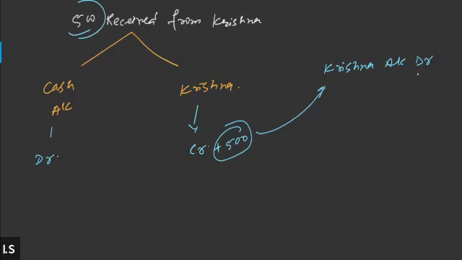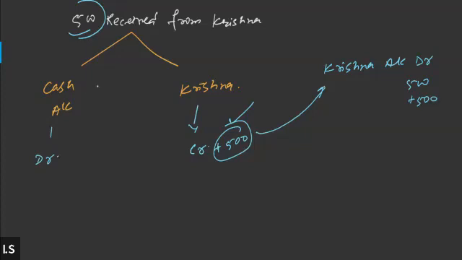So the Krishna account will be debited twice: firstly, to rectify the effect of the credit entry passed earlier, and secondly, to add 500 more to actually record 500 into the Krishna account. So basically, the Krishna account will be debited by 1000 rupees.